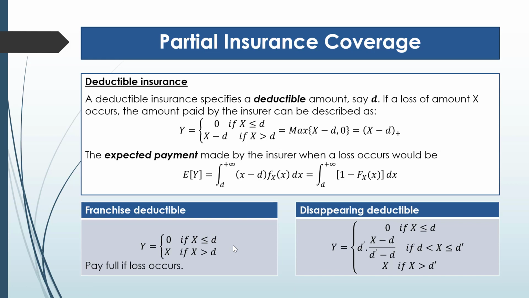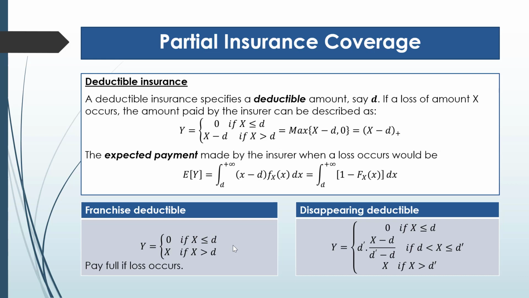And the second category is the disappearing deductible. In the disappearing deductible, we're using two deductible amounts, D and D prime. D is the lower deductible and D prime is the upper deductible amount.